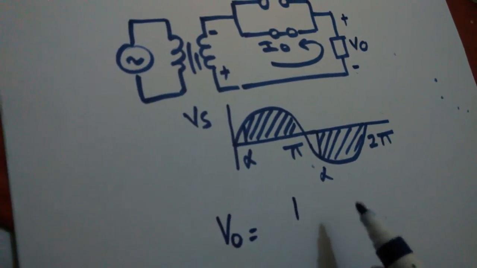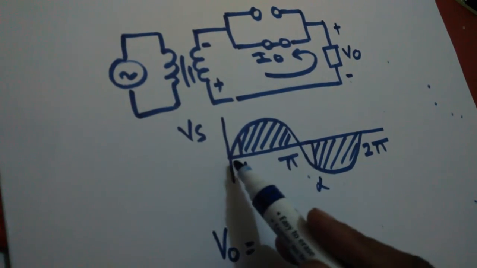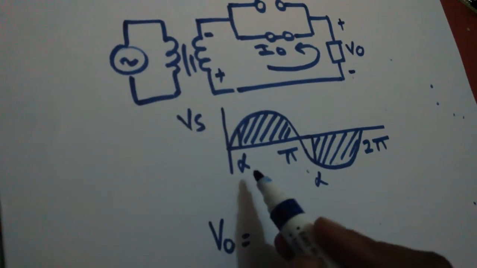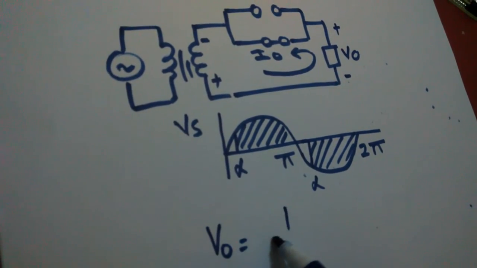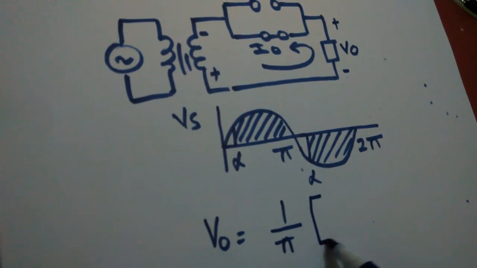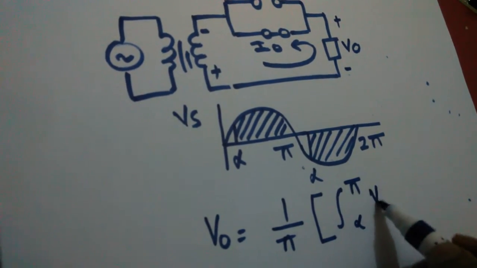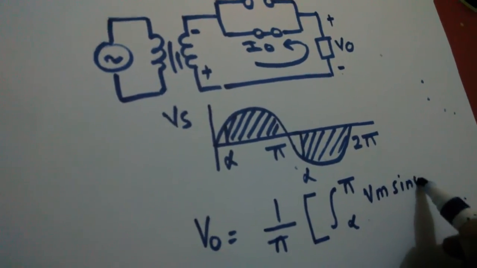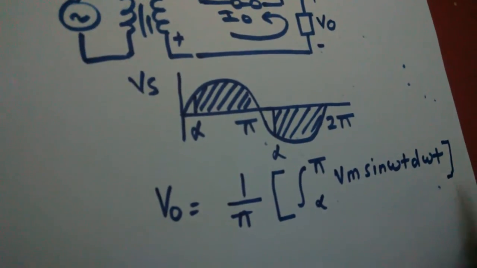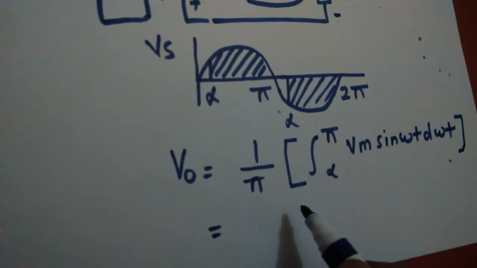Now we are using two thyristors, so we can find out the expression of average output voltage. Because this waveform is symmetrical in each cycle, we can take the limit from alpha to pi, and we can take the time period as pi. So from this expression we can integrate from alpha to pi Vm sine omega t d omega t. With this we can use some mathematics here.